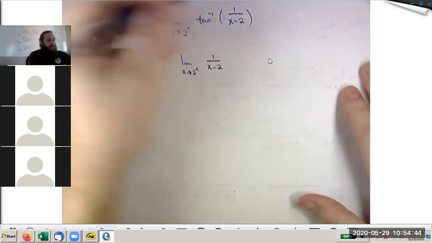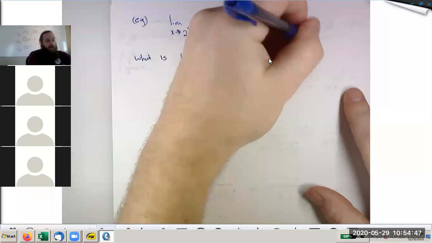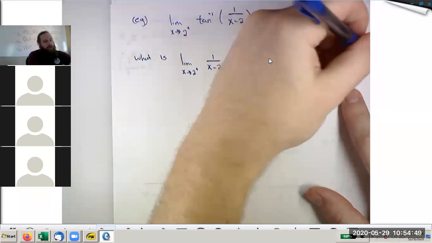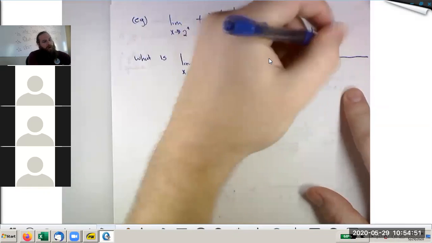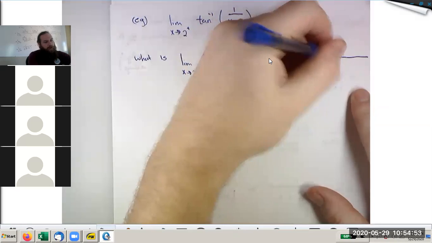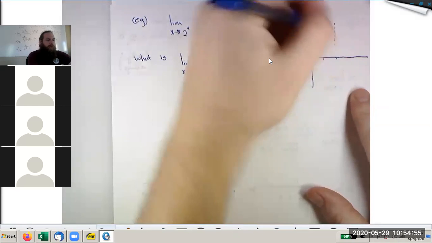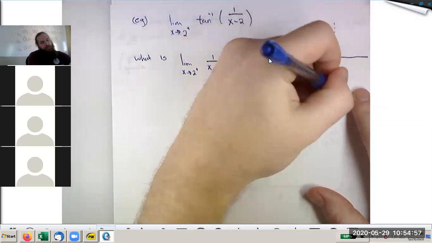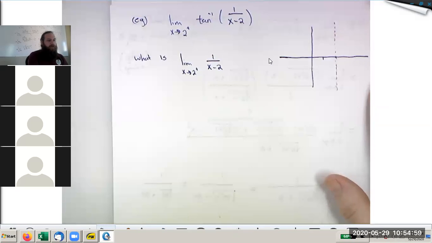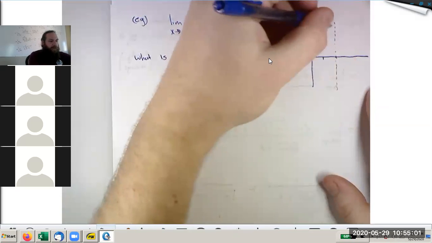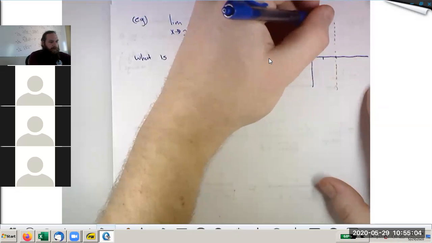It's true that if you plug 2 in, it's undefined. But what does the graph of 1 over x minus 2 look like? He has a vertical asymptote here at 2. And aside from that, he looks just like 1 over x. He's just been shifted to the right by 2 units.